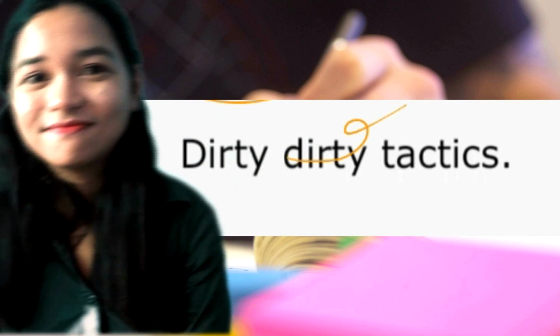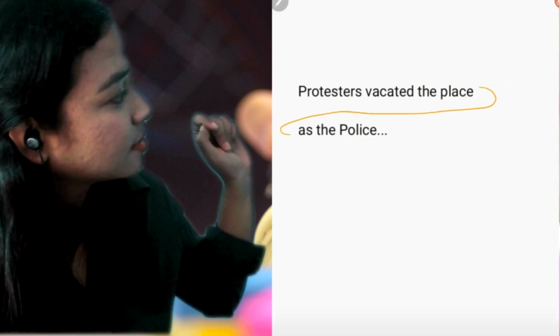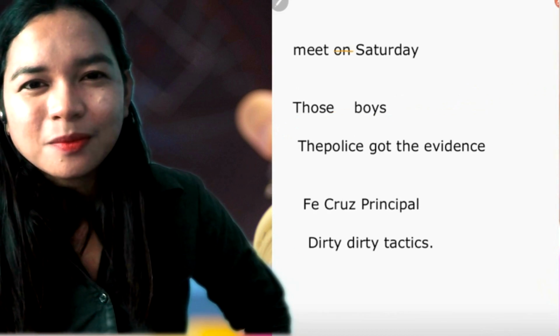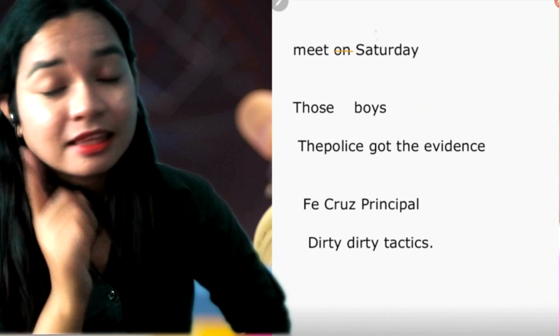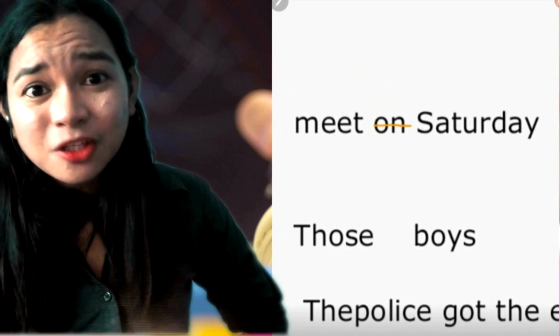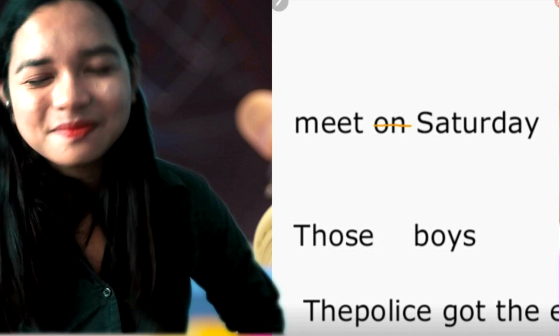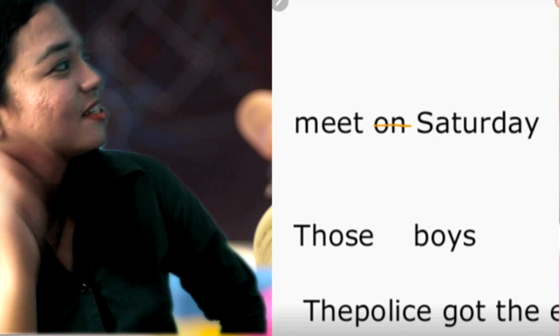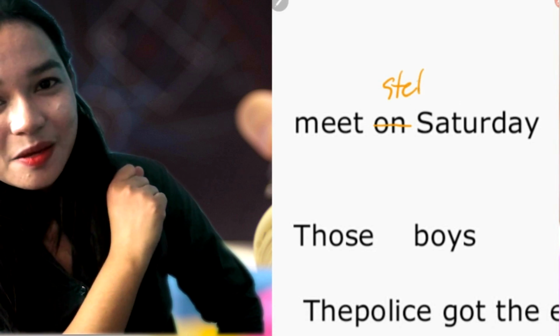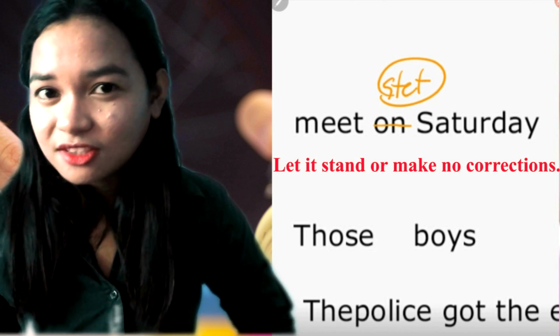If a sentence needs to be connected, use this one. Now, after correcting something, you realize that that word or that statement does not need to be corrected, but you already have the symbols in it. What are you going to do? Don't worry, just insert stet, meaning let it stand or make no corrections.